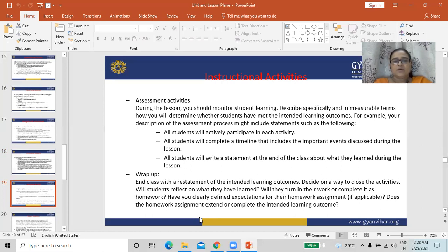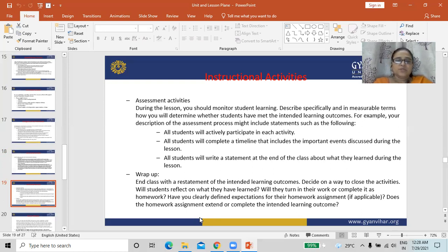For example, your description of the assessment process might include statements such as the following: all students will actively participate in each activity. All students will complete the timeline that includes the important events discussed during the lesson. All students will write a statement at the end of the class about what they learned during the lesson.